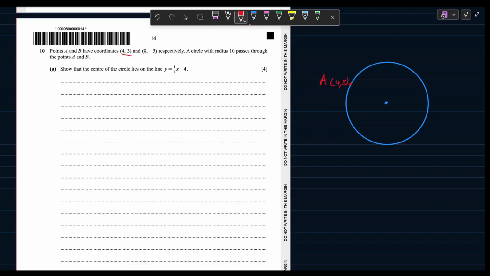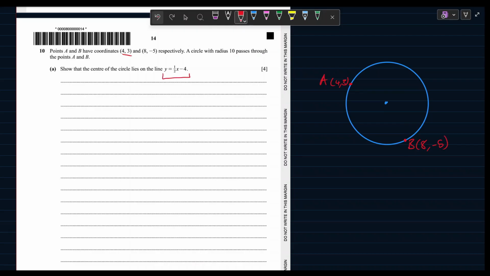Let's put it here. B, (8, -5). And they want us to show that the center of the circle lies on the line y equals half x minus 4.